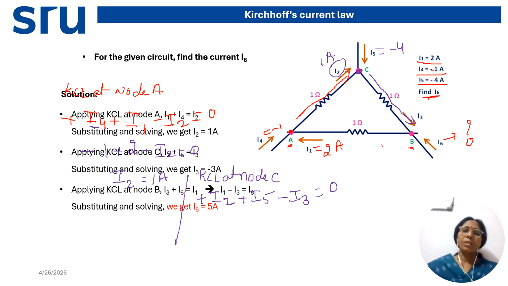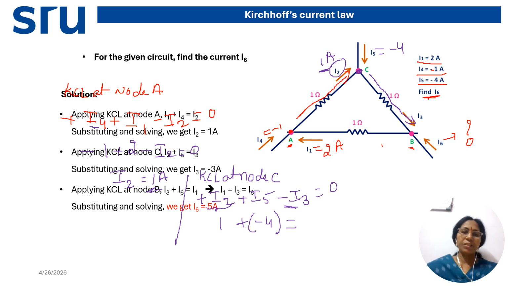Okay. Now tell me the value of I2, how much it is? I2 we got from this, I2 is 1 ampere. Here I am writing 1 ampere. This is I2 plus I5. Do you know I5? Yes, I5 is given in the problem itself, minus 4. I am writing it in brackets, minus 4. Now I need to find out I3. So let us take this I3 to the right side.